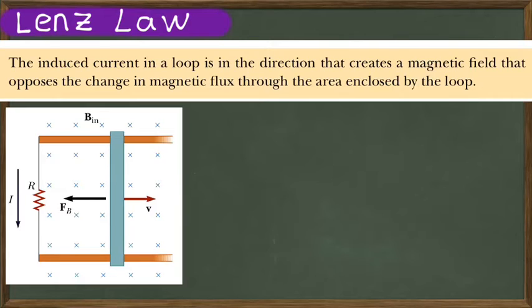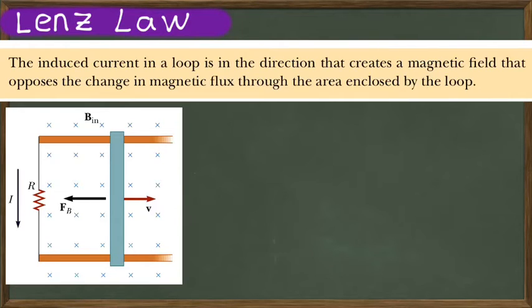The induced current is in a direction such that if the flux is increasing when the bar is moving toward the right, the induced current will produce its own flux through this rectangular loop, so that it will try to decrease the flux. Okay?